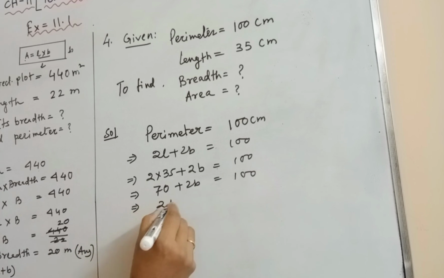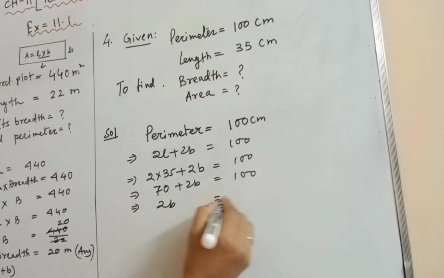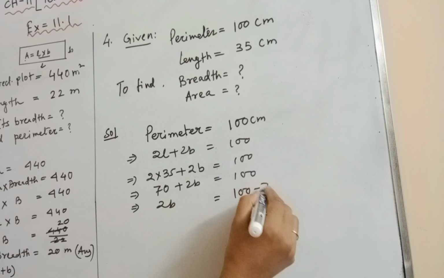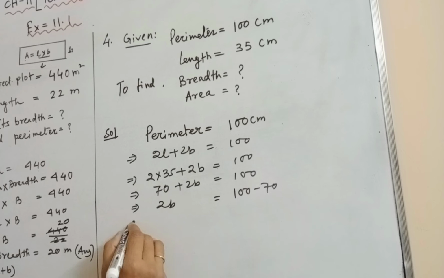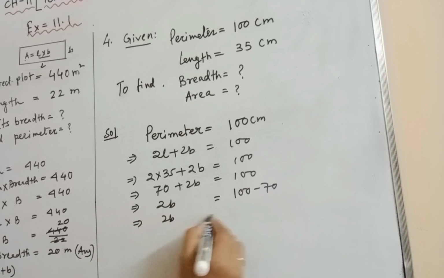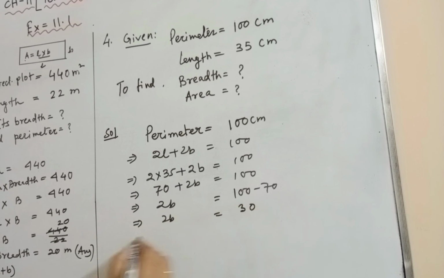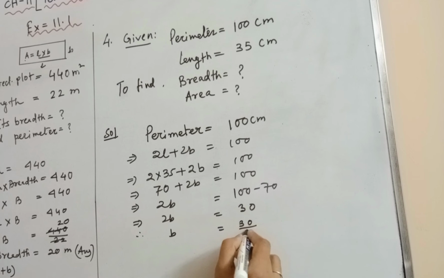So 2B is the variable only, 100 minus 70, that is 2B is equal to 30. Therefore B is equal to 30 by 2. 2 was multiplied here, so 2 will be in the denominator. Cancel it, it will become 15.